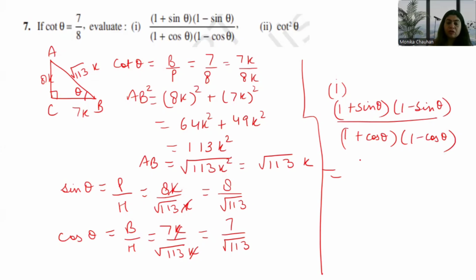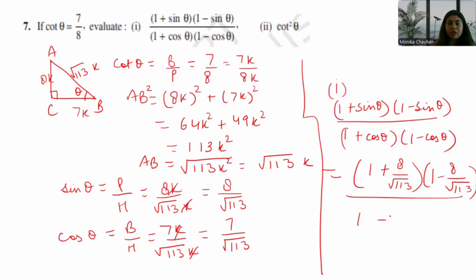So 1 plus sine theta is 1 plus 8 upon root 113, 1 minus 8 upon root 113, and upon 1 plus cos, which is 1 plus 7 upon root 113, and 1 minus 7 upon root 113.